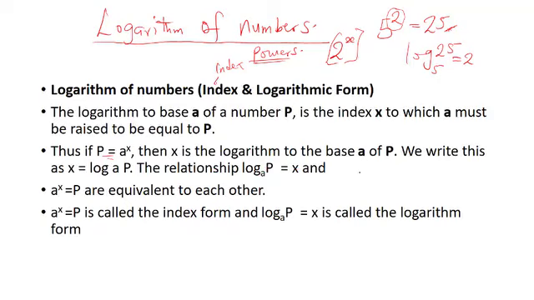Even if you place 5 raised to power 2 equals 25, or you put it in the form log 25 to base 5 equals 2, they are all the same thing. So you use the sign of equivalence in specifying them, and that's how it works.